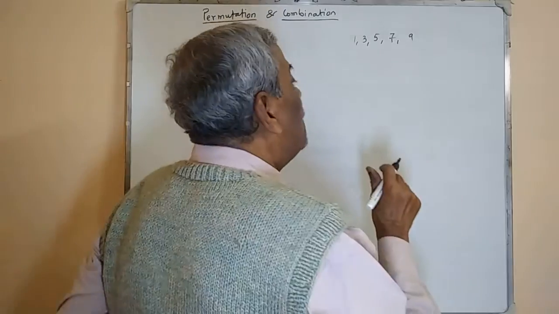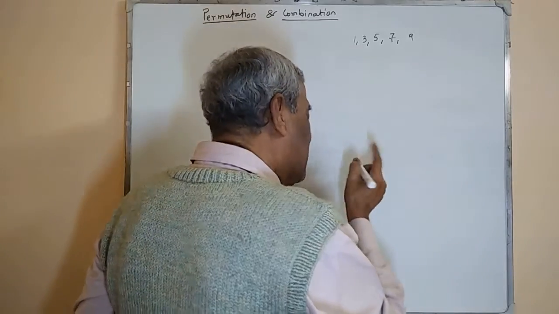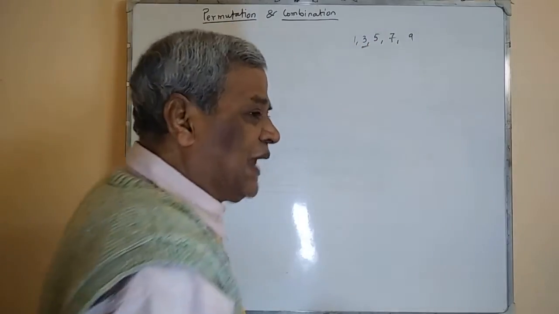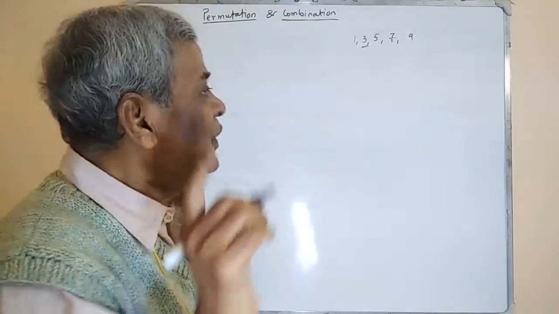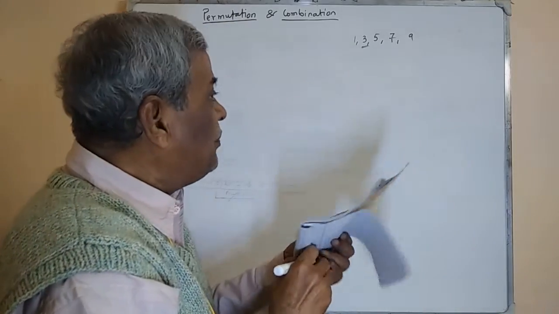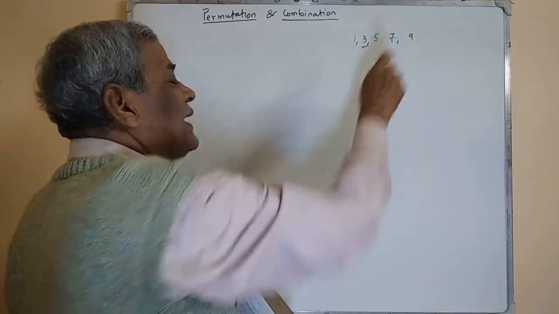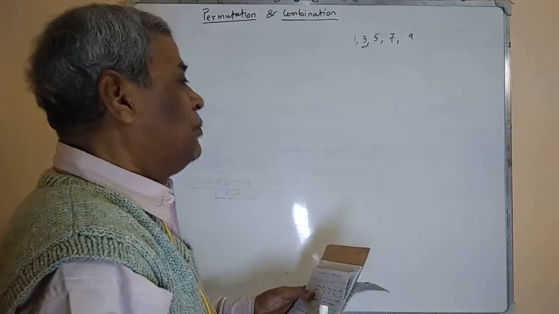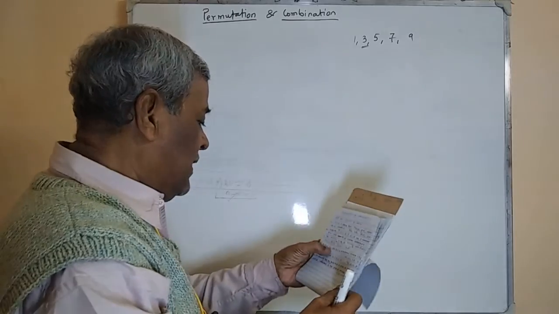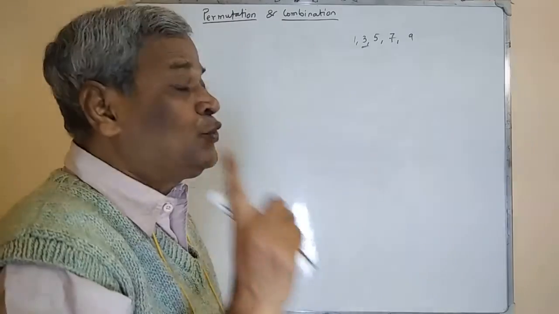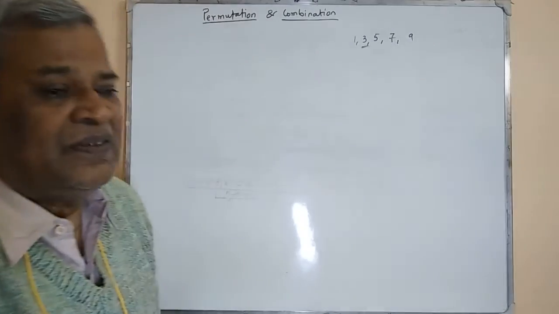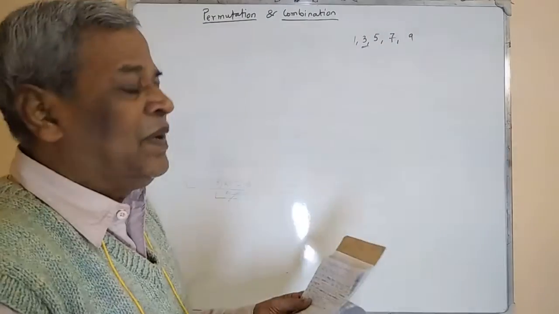It means I cannot use 1 two times or 3 two times and so on; we cannot use 3 more than one time, we cannot use 9 more than one time. So the problem is we have to use the digits once and form a four digit number, and the number should be divisible by 5. This is a restriction.